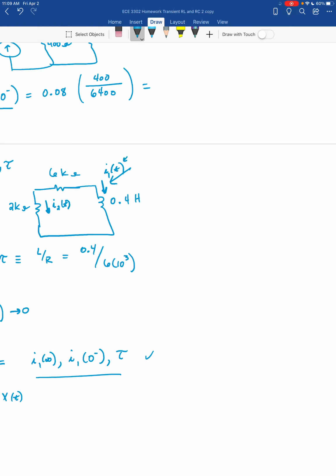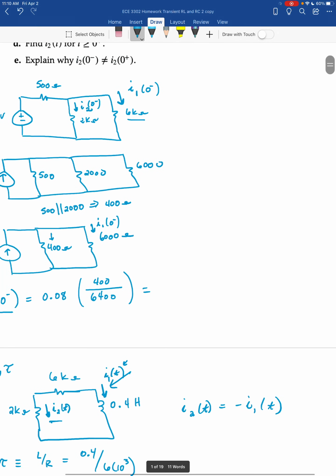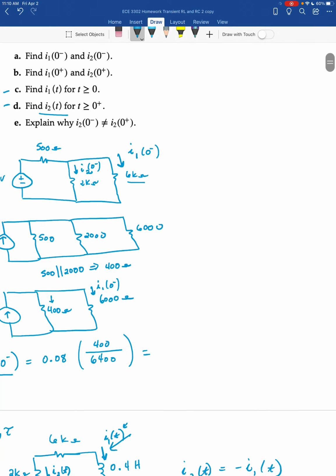We have already solved for I1 of t. You notice that I2 of t is drawn in the opposite direction. So to find I2 of t, we just need to say I2 of t is negative I1 of t. And that's all we have to do there. By the way, this current I2 of t, because it's not the current through an inductor, it's the current through a resistor, is allowed to change instantaneously at t equals 0.